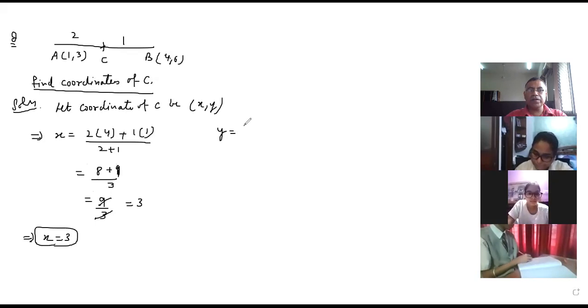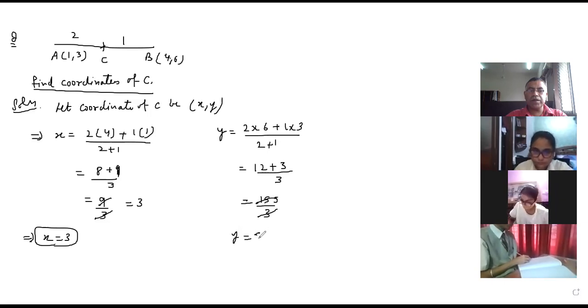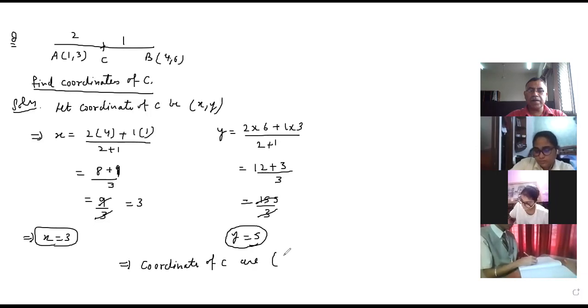Now the y coordinate: (2 multiplied by 6 plus 1 multiplied by 3) upon (2 plus 1). y is equal to 5. So the coordinates of C are (3, 5). Done, sir.